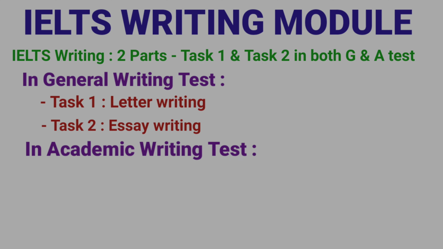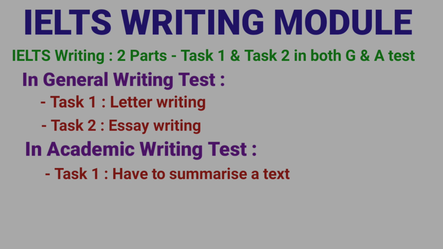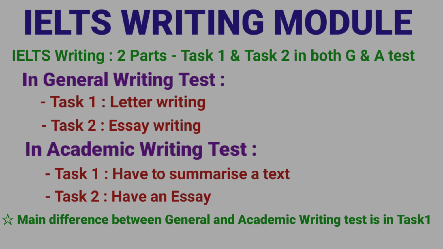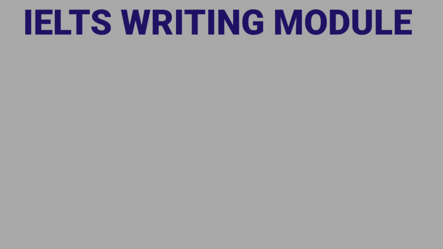In the academic writing test, you will have to summarize a text in task 1 and in task 2, you will have an essay. Here you can see the main difference is in task 1 in both general and academic writing tests. Now let's see a little more detail about the IELTS general writing and IELTS academic writing tests.